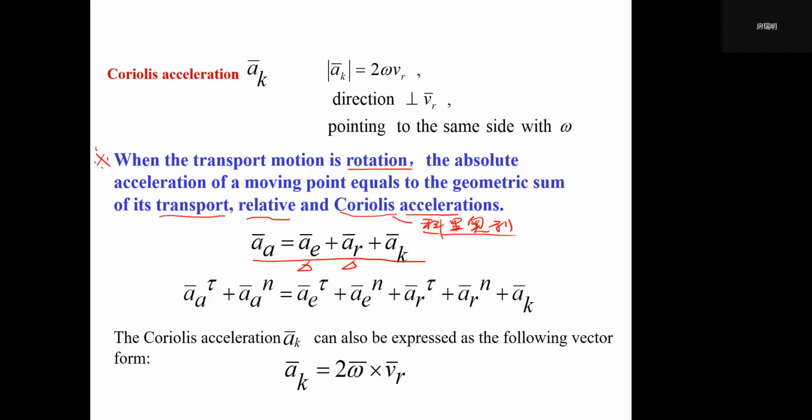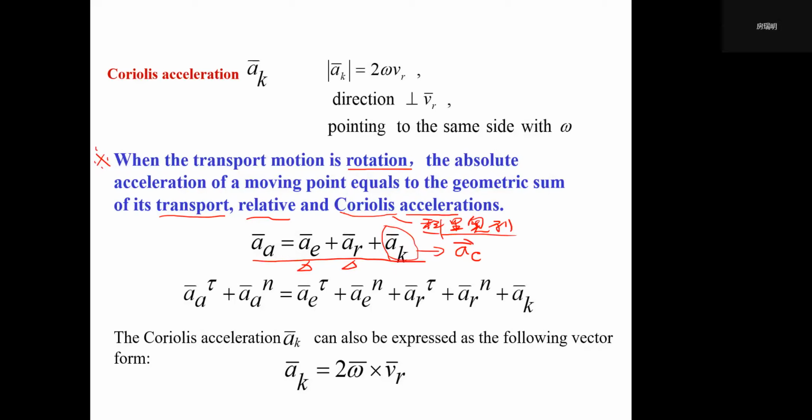That means we have absolute acceleration AA, transport acceleration AE, relative acceleration AR, then we also have to give another extra acceleration, that is AK, using the first letter of his name. In our Chinese textbook, we always write this AK as AC.